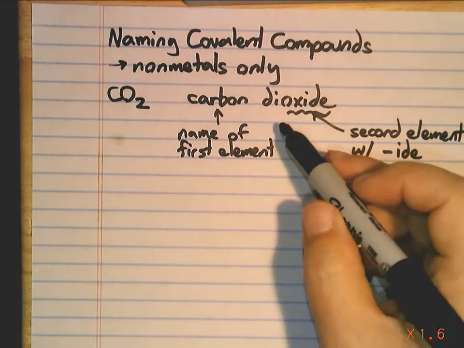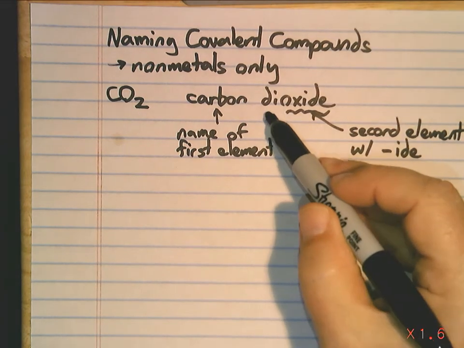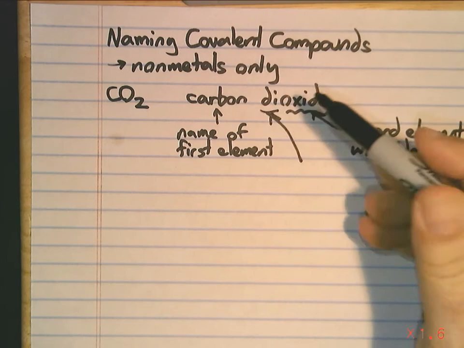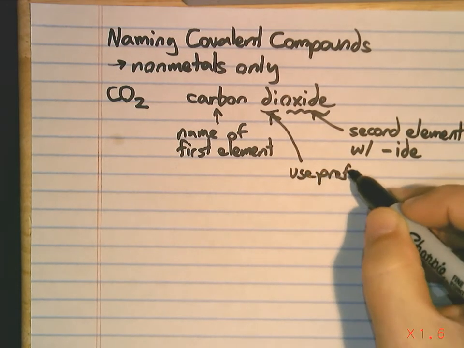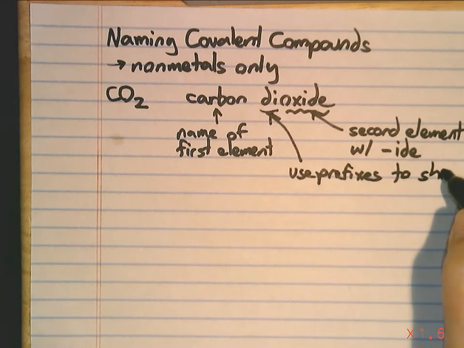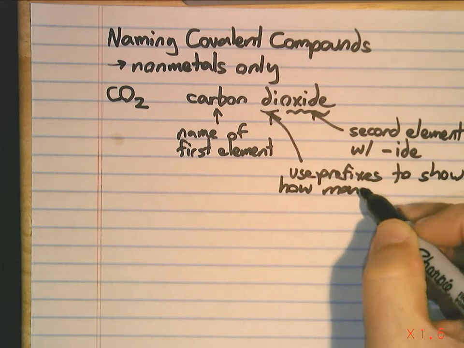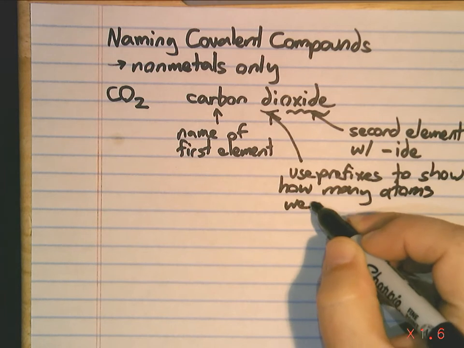And now here's something new. This is something that we don't tend to do with ionic compounds. We use prefixes to show how many atoms we have.